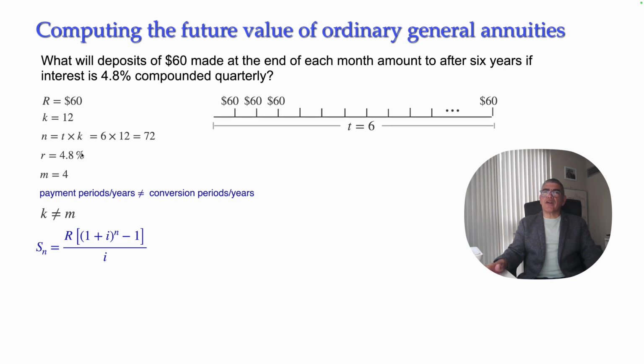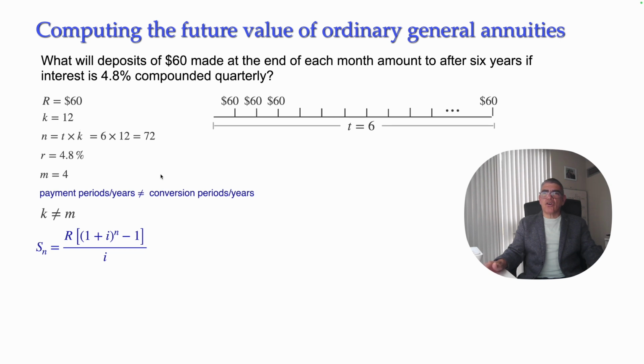So in this case, we're going to compute an equivalent periodic rate of interest, a monthly rate of interest, that is equivalent to this 4.8 compounded quarterly. So we're going to have an annuity that has the same number of compound periods and payment periods.